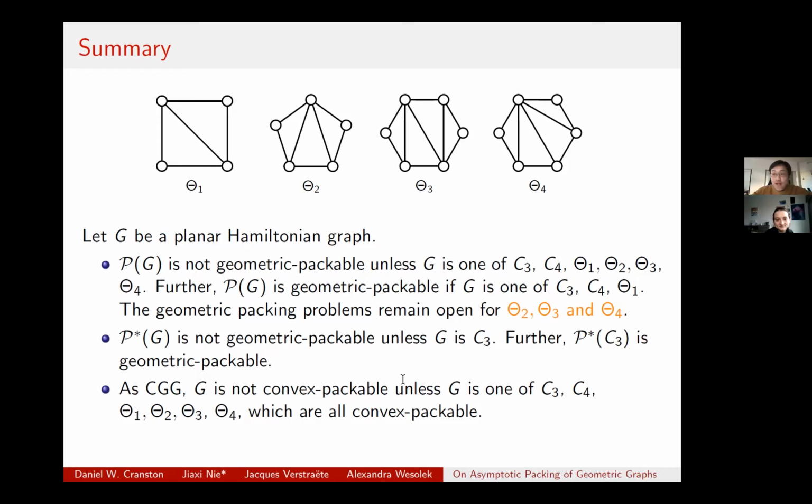And in fact, we can show that all of them are convex packable. And this is the evidence why we conjecture that they are also geometric packable. For more details, you can find our papers on arXiv. Okay, thank you. That is all I want to talk about today.